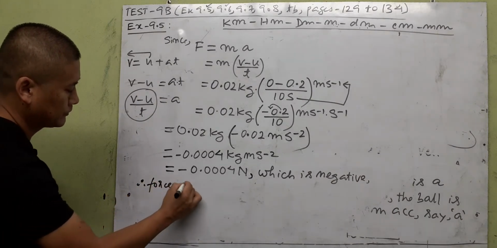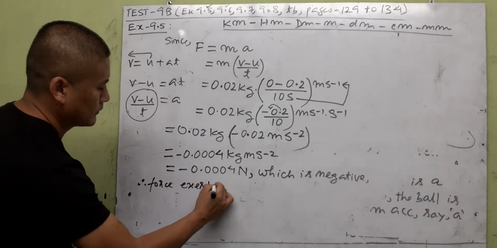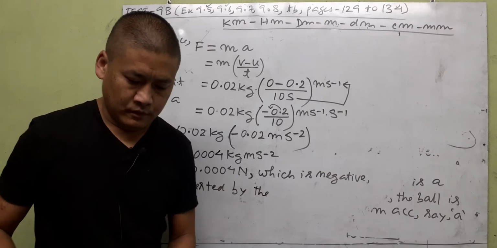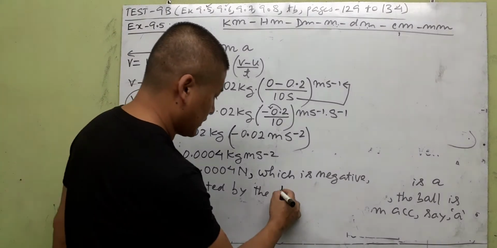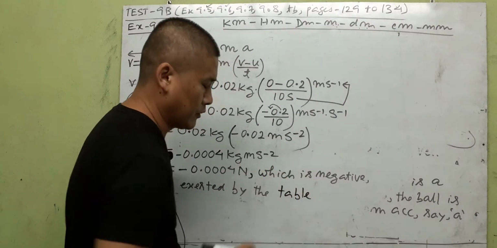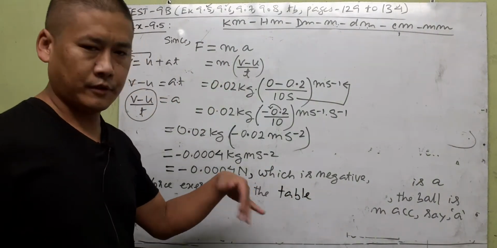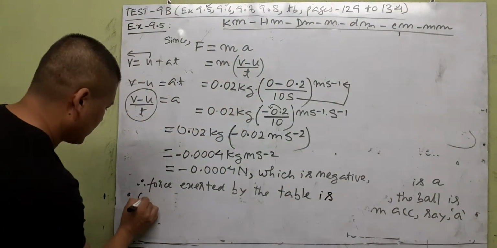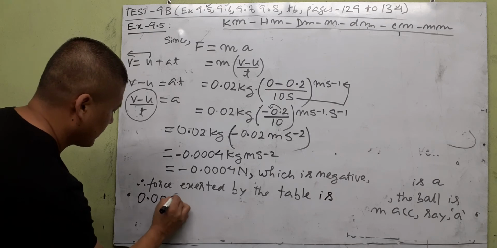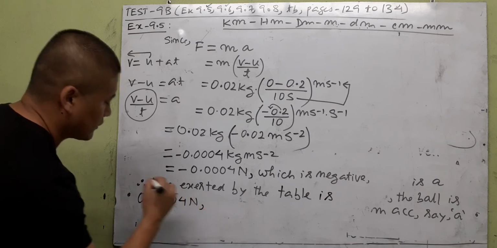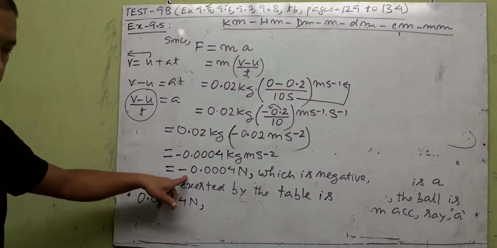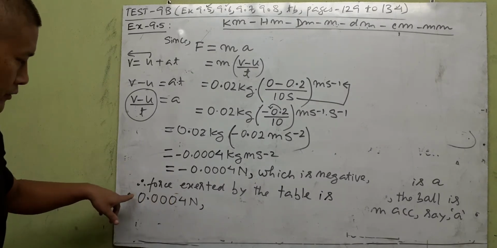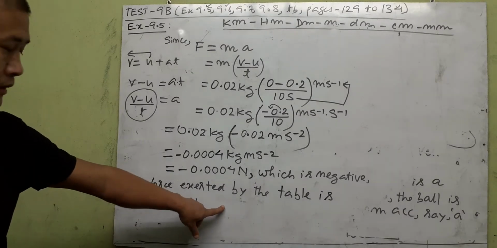force exerted by the table, that means on the ball, that is force exerted by the table on the ball, the friction force is 0.0004 Newton, comma. Now here your sign has to be correct, minus. But here if you write minus also okay, you don't write also okay, because you're going to mention here.